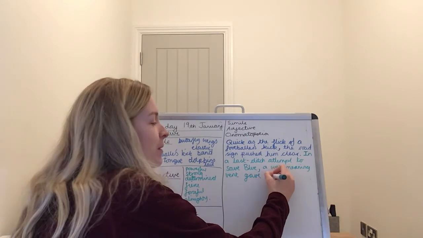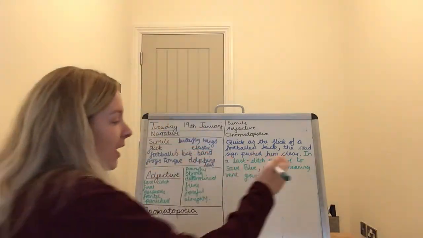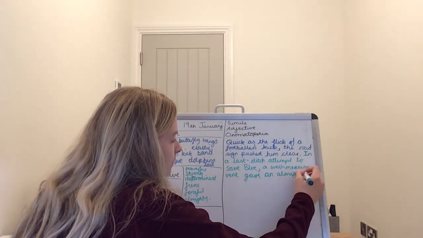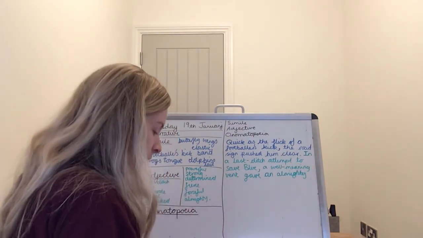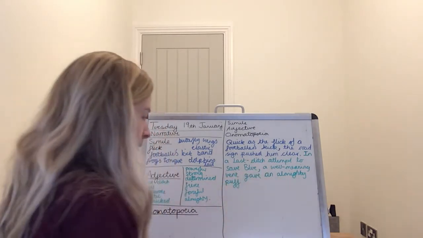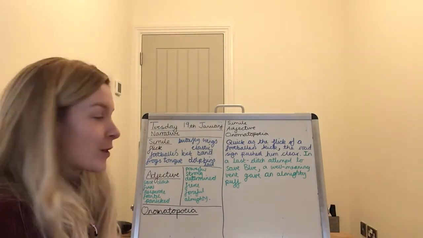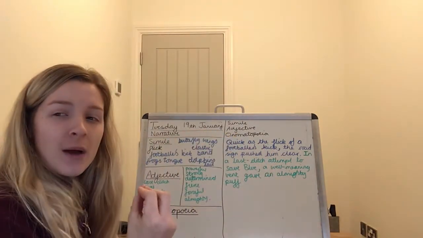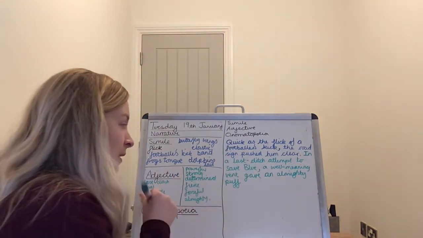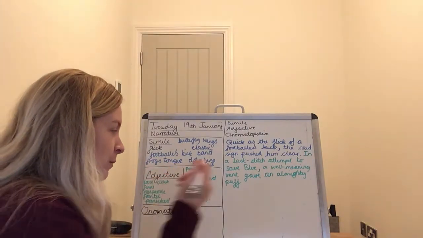Gave an, remember A-N, not A, if it's got a vowel at the beginning, an almighty puff. And then what happened? So, well-meaning, he meant well, but actually where did Blue end up? In a last-ditch attempt to save Blue, a well-meaning vent gave an almighty puff.